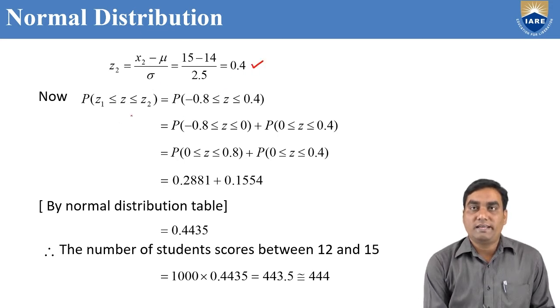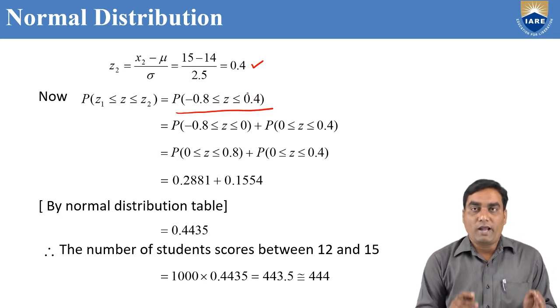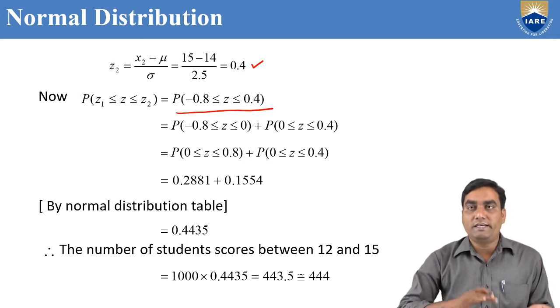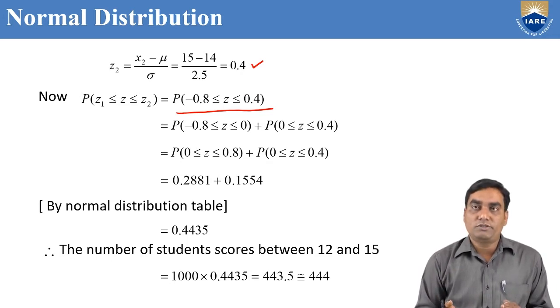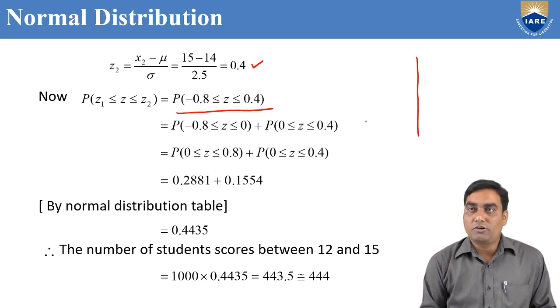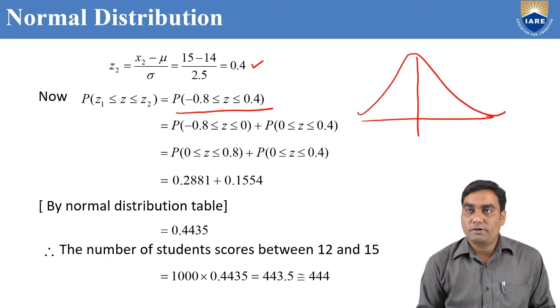So substituting z1 and z2, we get the range minus 0.8 to 0.4. So actually given 12 to 15 in terms of x, we converted into minus 0.8 to 0.4 in terms of z.